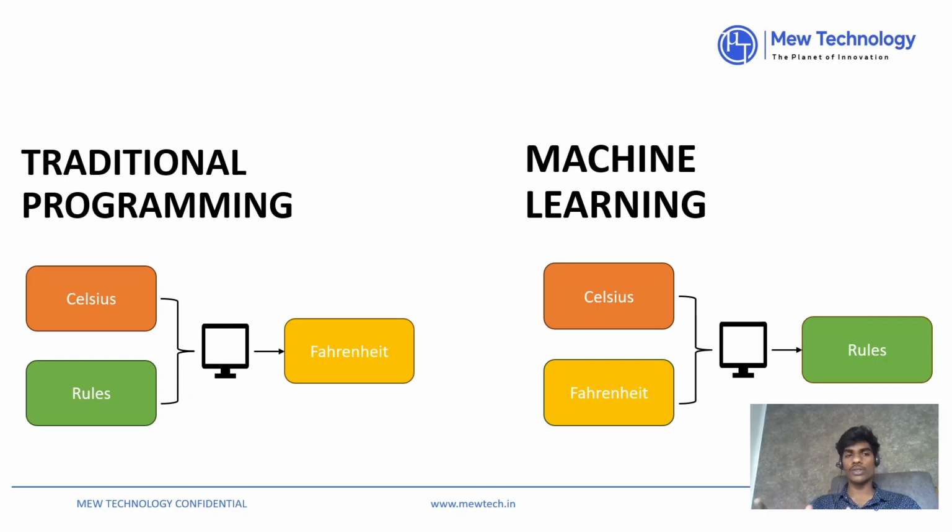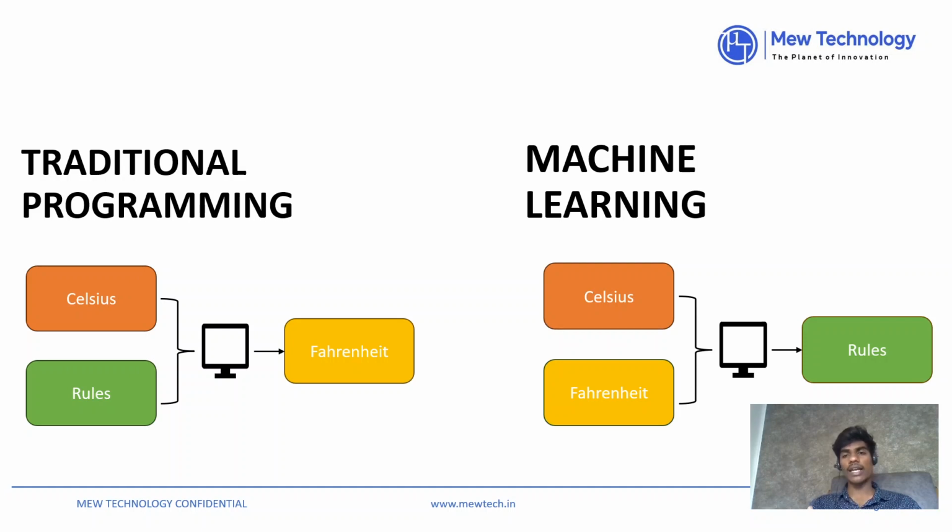We have two options. One is a traditional programming language, another is machine learning. In traditional programming, I give the input as Celsius, and I give some rules to the computer, and I find the answer as the Fahrenheit value.